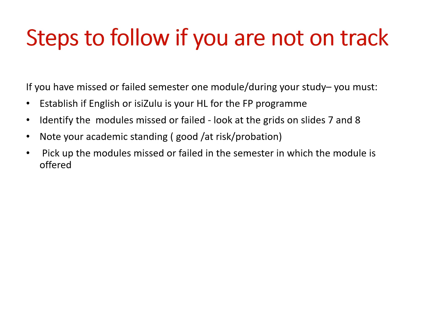Are you doing English as home language, isiZulu as FAL, or are you doing isiZulu as home language and English as FAL? So that you meet those language requirements in terms of the content modules and the method modules. Then you need to identify what other modules you have missed or failed. You look at grid 7 or grid 8.